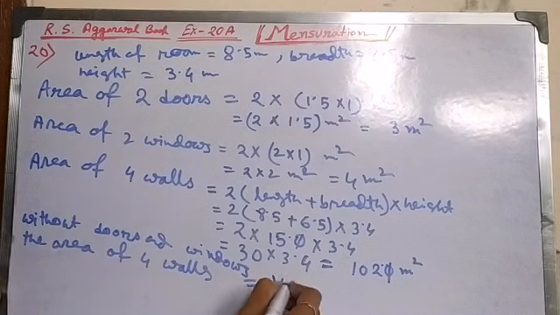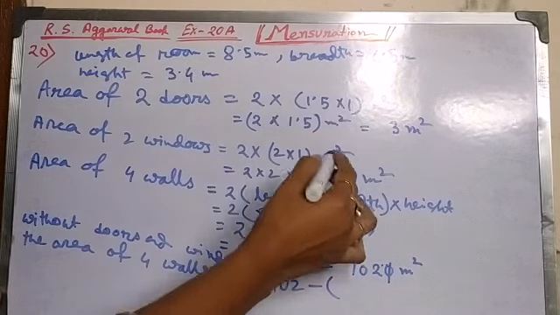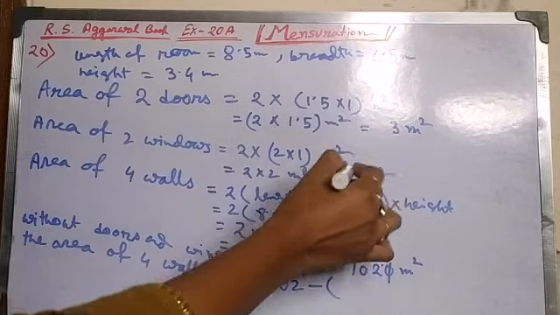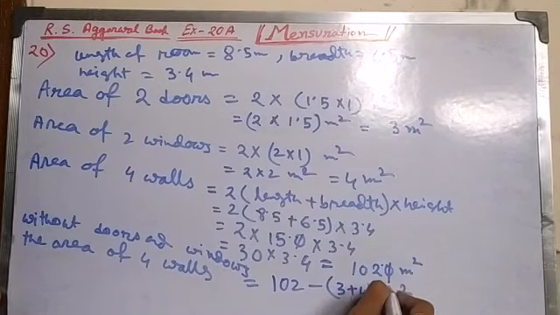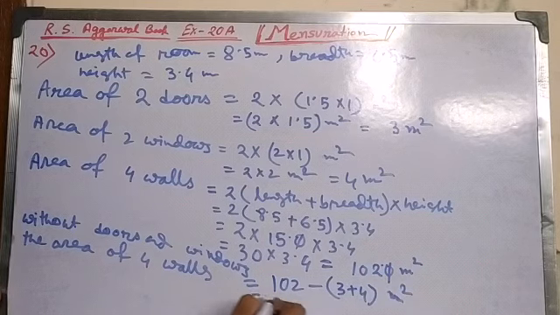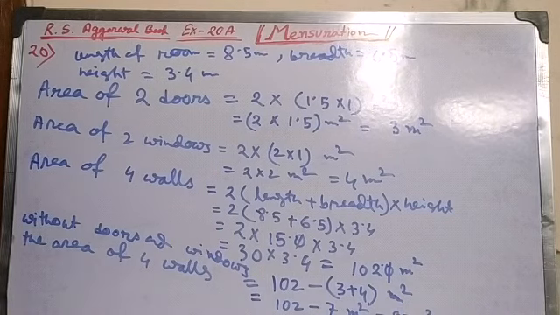So 102 minus that 3 plus 4 meter square, that means 102 minus 7 meter square, that means 95 meter square. So now cost is given, 1 meter square painting cost 160 rupees.